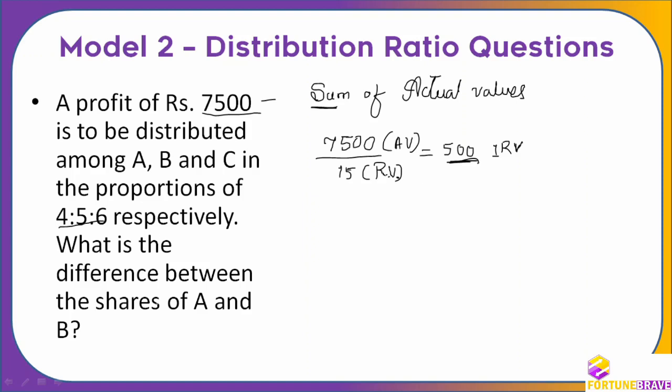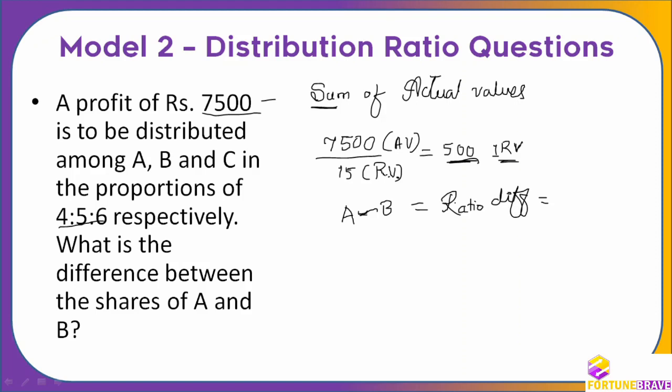What is the difference between the shares of A and B? They are asking. So what do we need to find out? A difference B. First we will find out the ratio difference, and then multiply the 1 RV with it. This is the required ratio value.